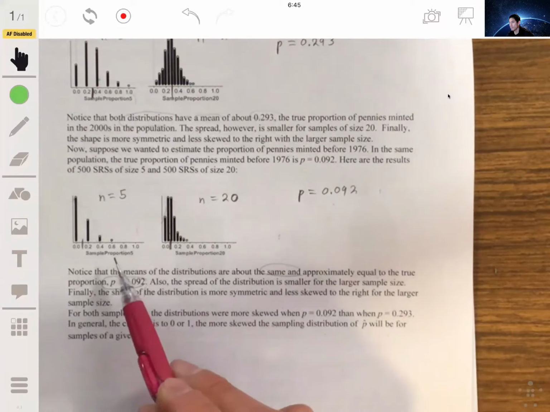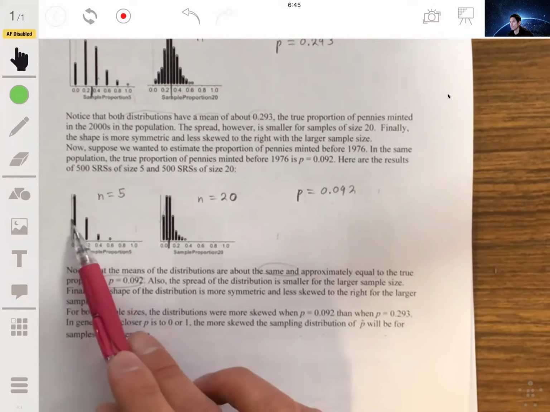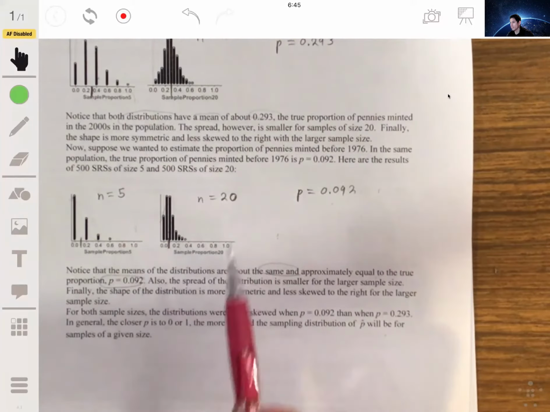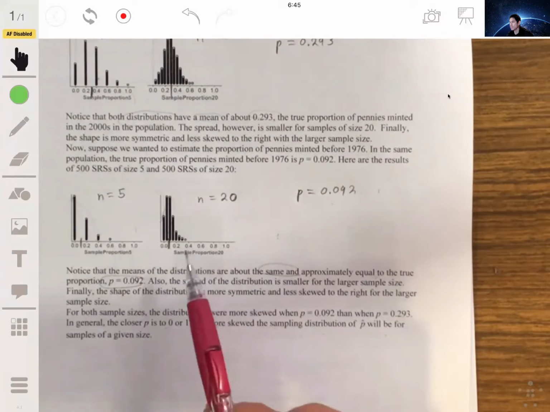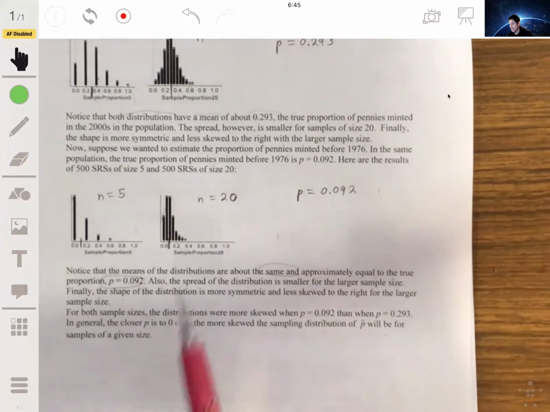In this case, the population proportion was very small, so it was skewed to the right. But if it was the other way, if it was like 0.99, it'll be skewed to the left. So this is something that we're going to keep in mind as we go through the inference problems in the course.